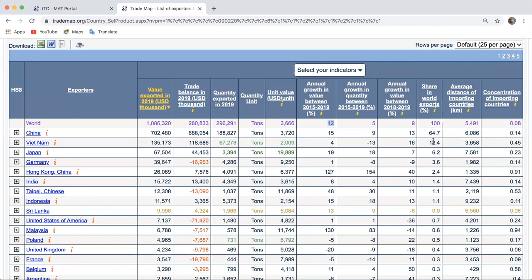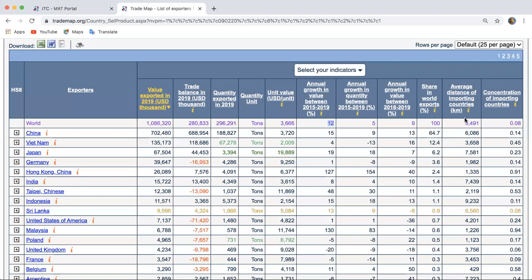And it's followed by 12.4% for Vietnam, and Japan is 6.2% of the market share. So even though Vietnam is losing a little bit here, we can see that it's the second largest exporter and keeps 12.4% of world exports. So it won't lose its second place that easily.